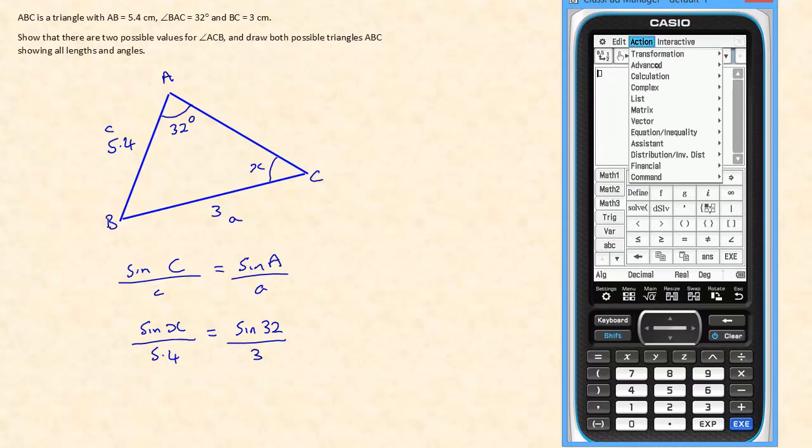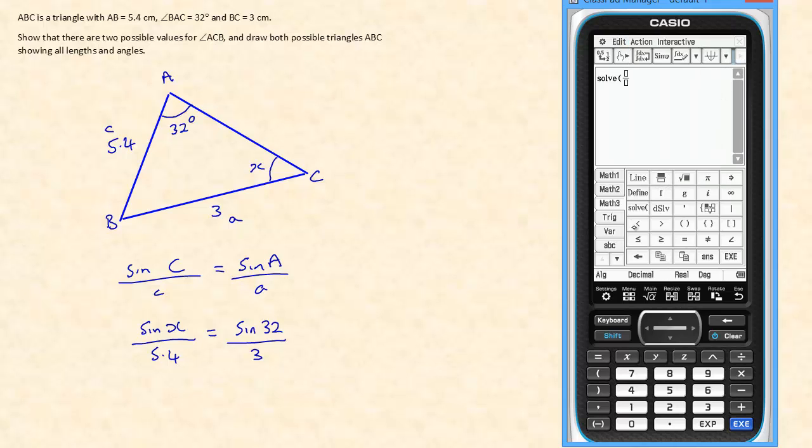Now, let's just solve that on the calculator. So action advanced solve. So I'm going to have sine of x over 5.4, and I'm going to put that equal to the sine of 32 divided by 3.